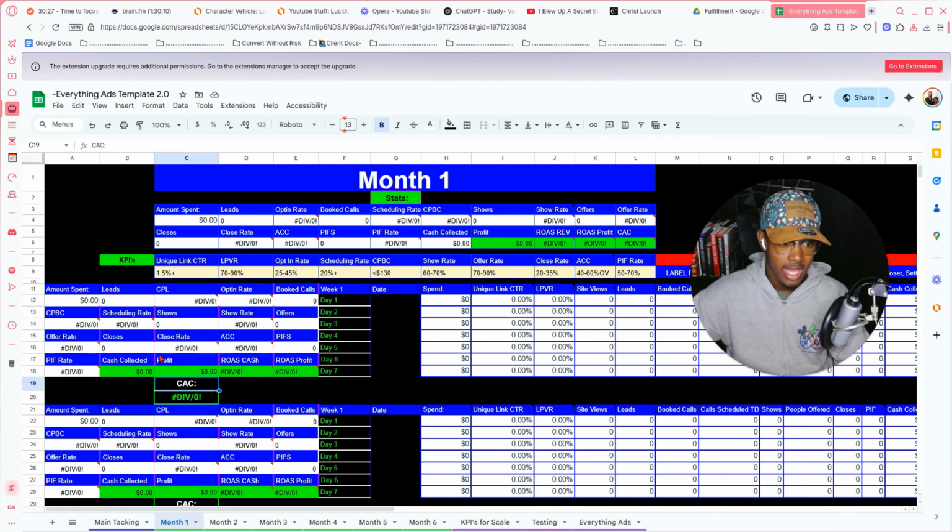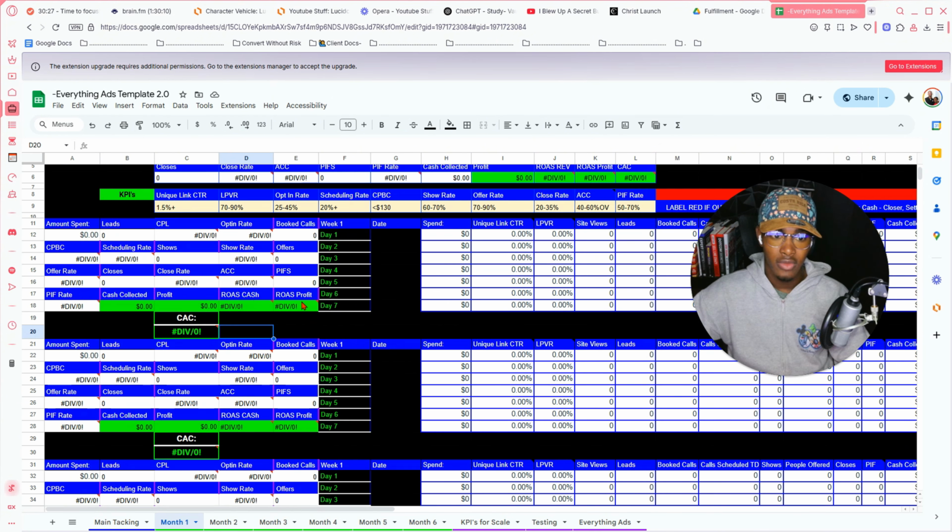It shows you your CAC, your cost to acquire a customer, and weekly spend. It calculates all of the days and adds them up: total leads, cost per lead, your opt-in rate, booked calls, cost per booked call, scheduling rate, shows, show rate, offers made, offer rate percentage, closes, close rate, average cash collected, paid in full rate, cash collected, profit, return on ad spend cash, return on ad spend profit, and then your cost to acquire a customer.